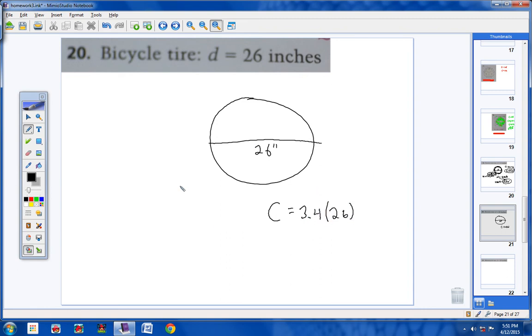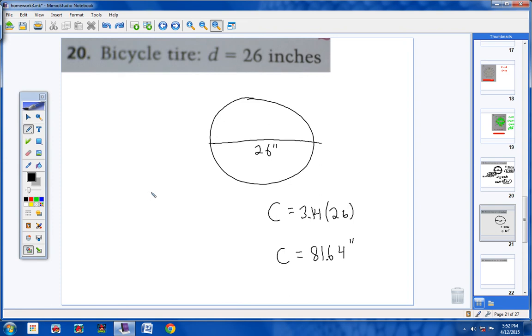So 3.14 times 26 is 81.64, and that would be inches because your diameter is in inches. So there's the total circumference. So listen to me carefully, students. When this tire makes one complete revolution, it will have covered 81.64 inches, okay?